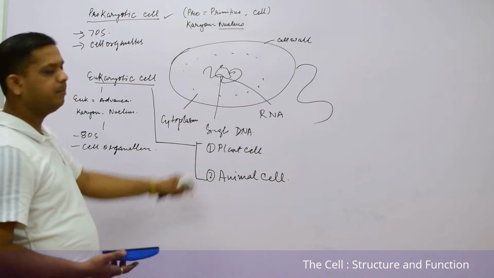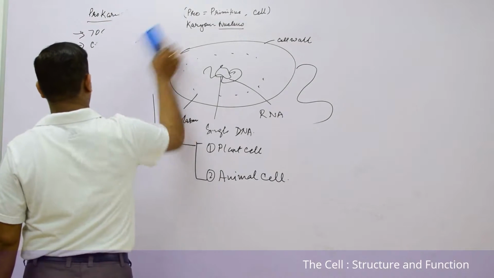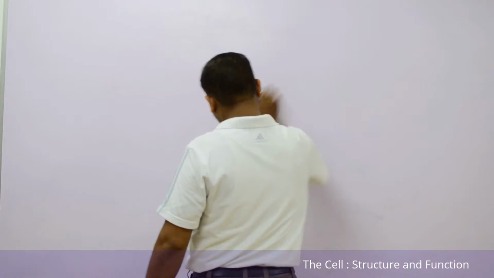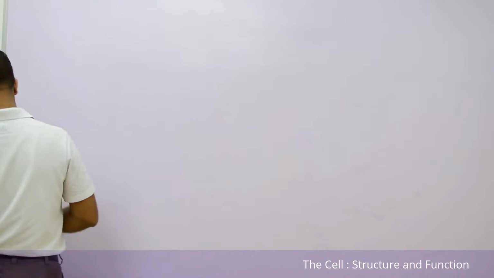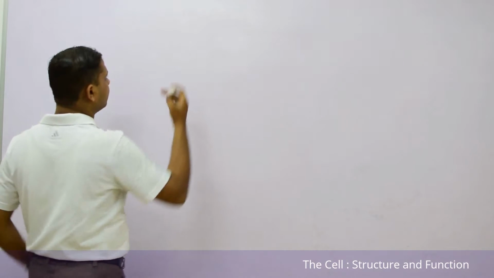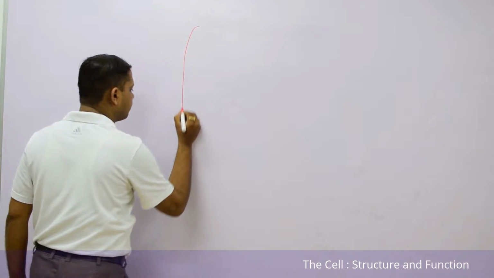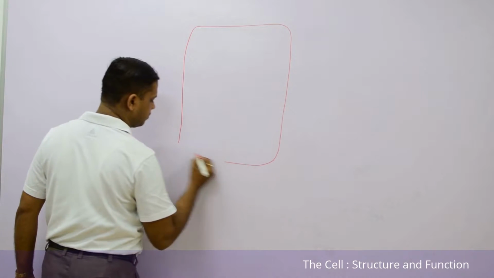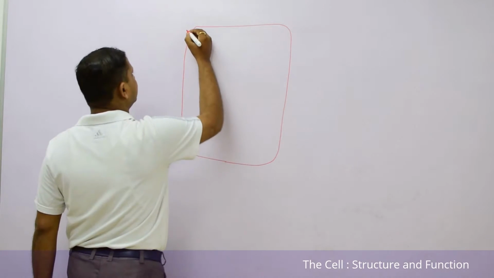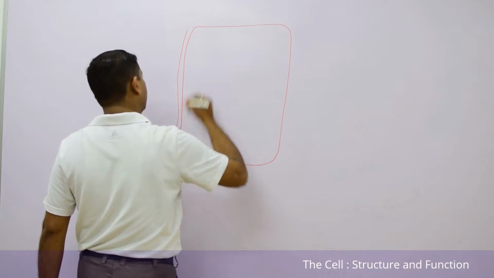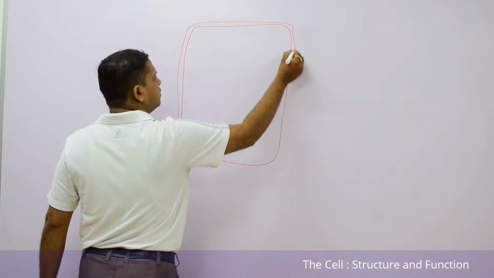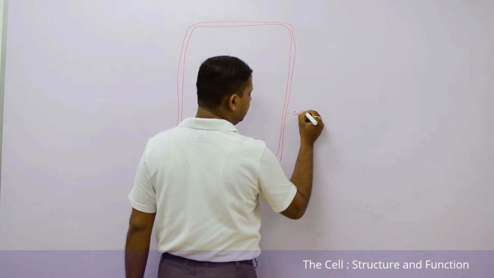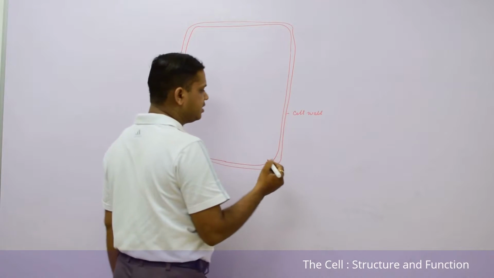Now we will understand about the plant cell. This is the structure of a plant cell, which is enclosed by the cell wall, and this is the cell wall, which is made up of cellulose.